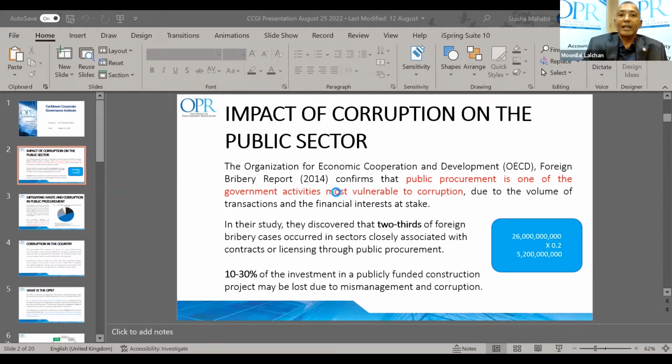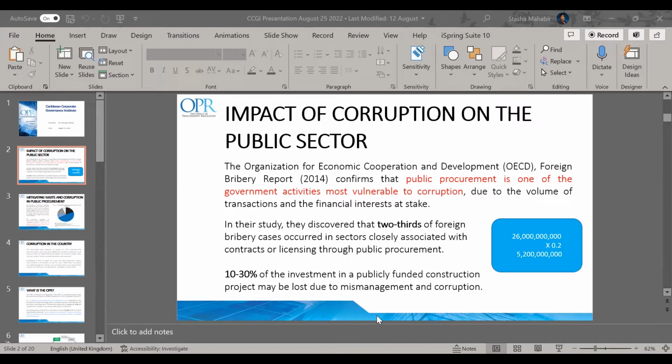If we can save about 20% of that on an annual basis, we can potentially save about $5.2 billion. And think what that can do in terms of running this country, the medicines, the roads, repairs, etc. So that's one of the data points we like to use.